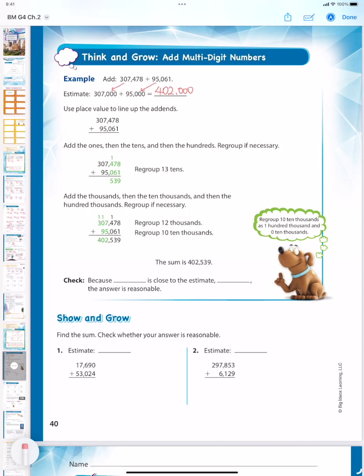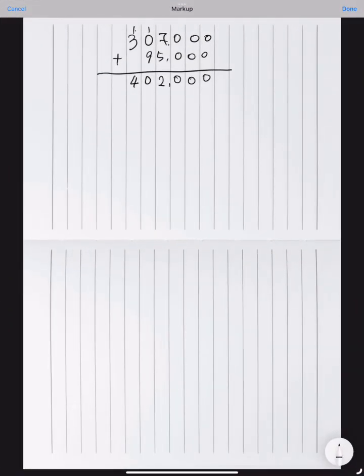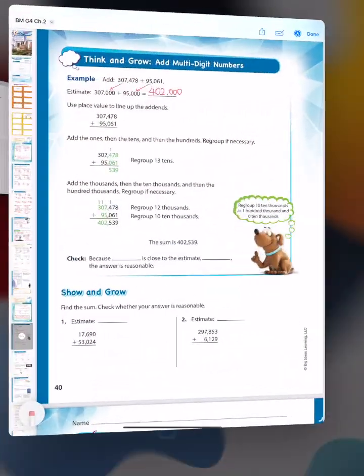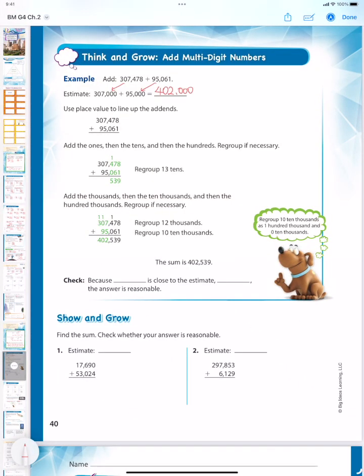Now use place value to line up the addends. If you get confused on this, I suggest you write these numbers again on your notebook, like this. All right? Now add the ones, then the tens, and then the hundreds. Regroup if necessary.